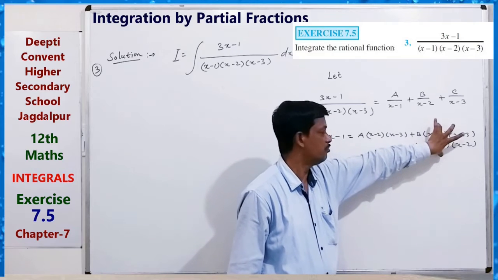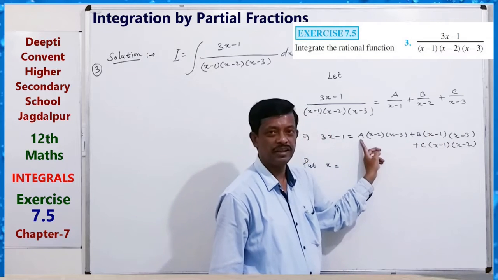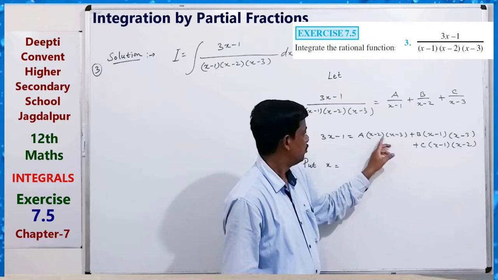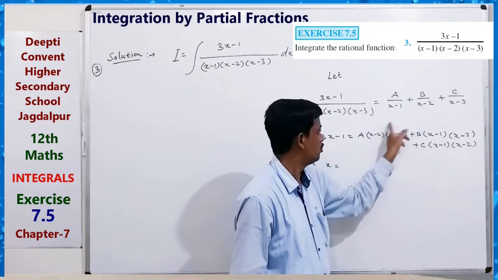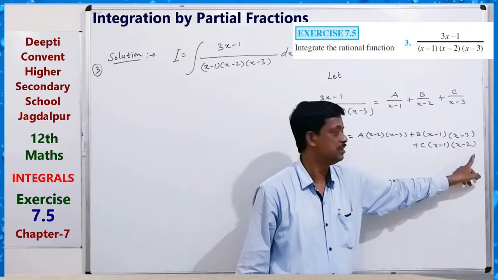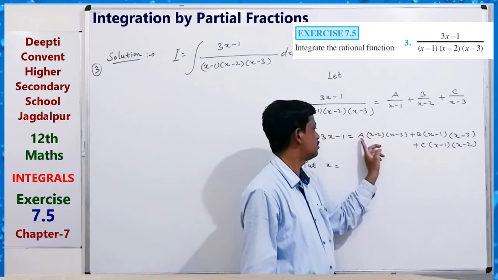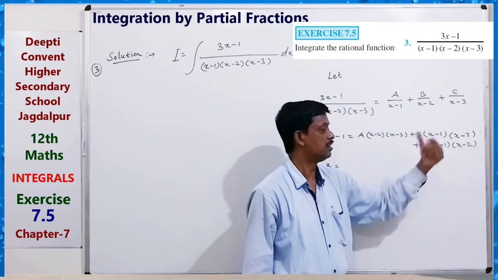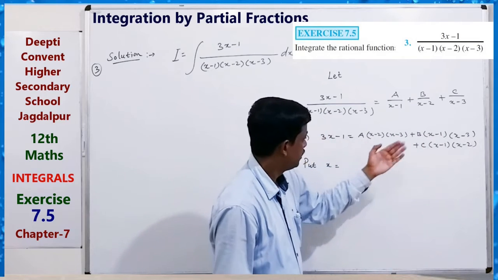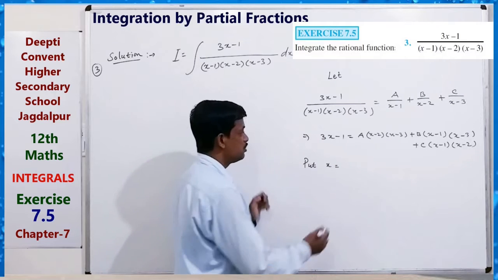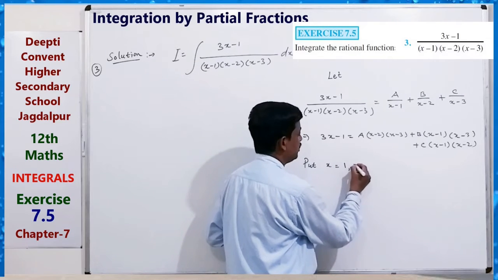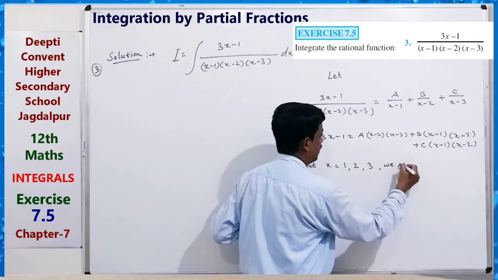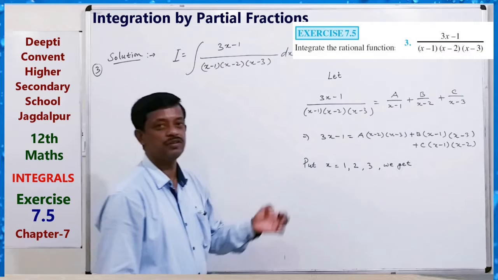Then these two terms will vanish, and you can get the value of A. Also if we put x equal to 3, the other two terms will vanish, and you can get the value of C. If we put x equal to 2, then two terms will vanish and we can get the value of B. So putting x equal to 1, 2, 3, we directly find the values of A, B, C.